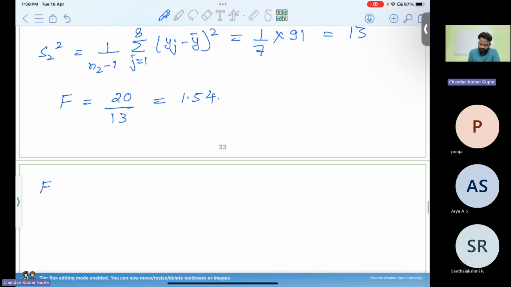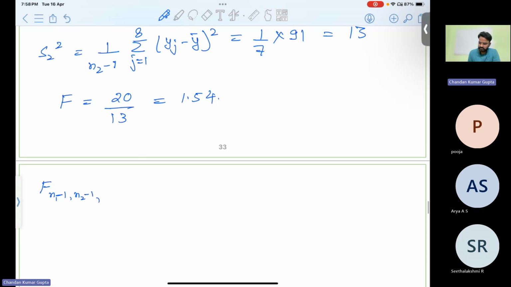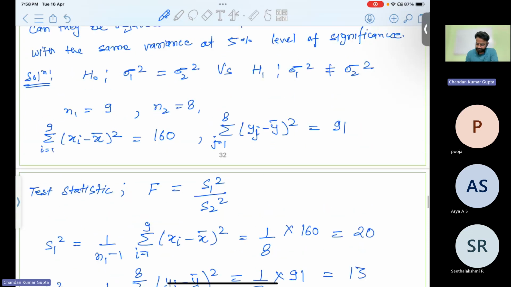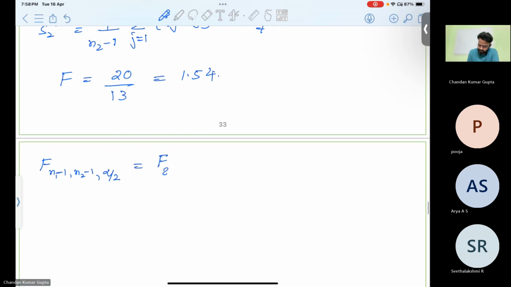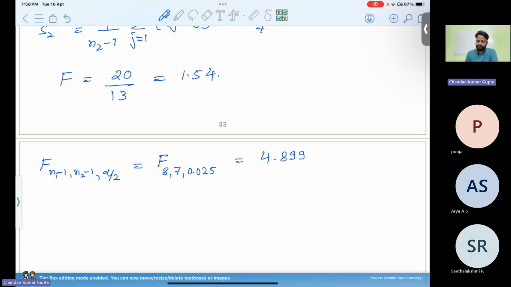The F value at alpha by 2 with n1 minus 1 equal to 8 and n2 minus 1 equal to 7, F 8,7 at 0.025, with the help of the F table we find to be 4.899.